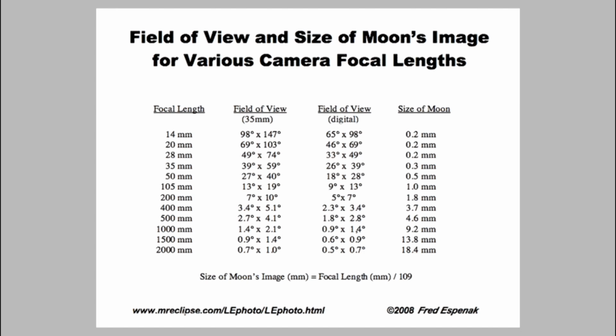Looking at the next column along, the field of view for a digital camera is actually slightly less, and that's primarily because the sensor in a typical digital camera is smaller than the 35mm camera. It's about 2/3 the size, and that's primarily again because it's cheaper to build smaller sensors.